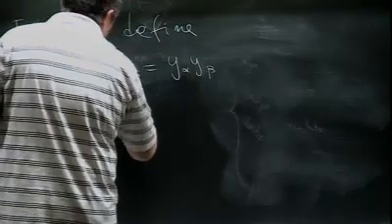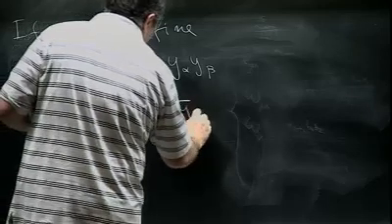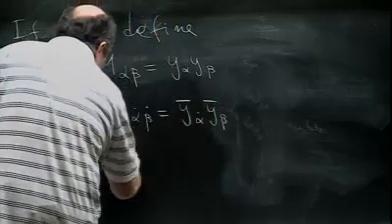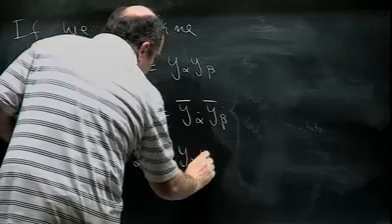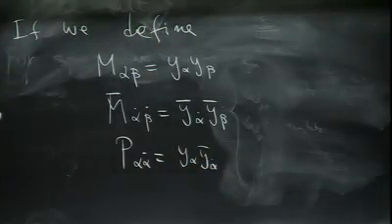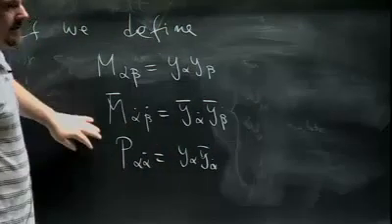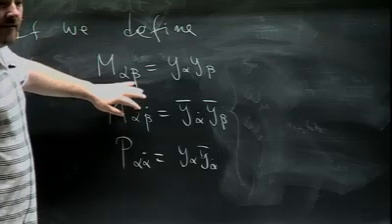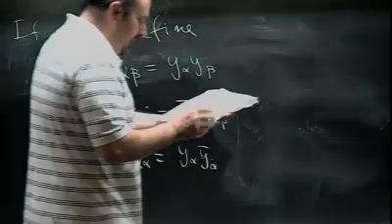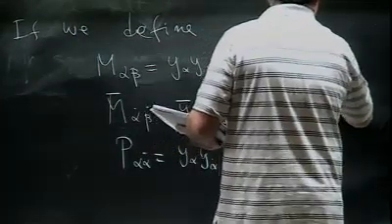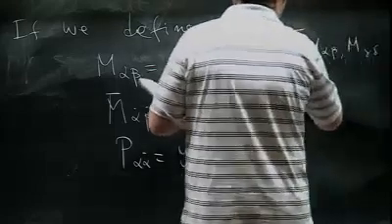Once we have introduced the star product, we see that if we define M alpha beta to be y alpha y beta, M bar alpha dot beta dot equal to y bar alpha dot y bar beta dot, and P alpha alpha dot to be y alpha y bar alpha dot, these bilinear objects satisfy an algebra under star commutators, which is nothing but the SO(3,2) AdS algebra that I wrote before in vector notation.